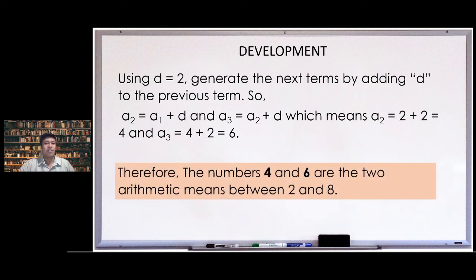Therefore, the numbers 4 and 6 are the two arithmetic means between 2 and 8. So we have now 2, 4, 6, 8. Okay, is that clear? Okay, very good.